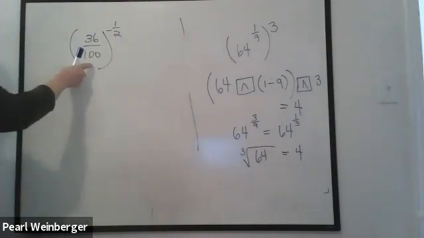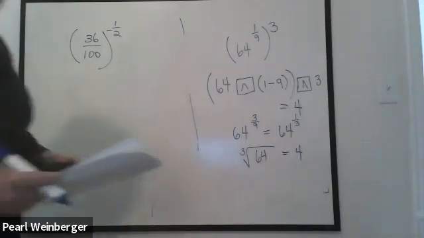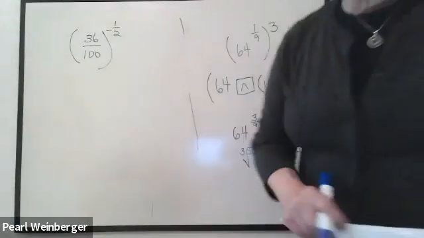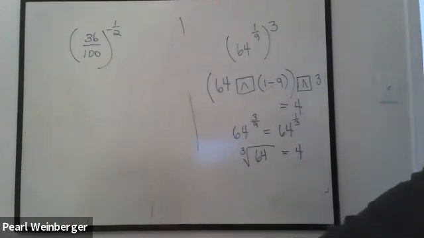See if you could do 36 over 100 to the negative 1/2 power. Simplify it. I'll give you a minute or two to try it. And you can do it either using your calculator or just figuring it out in your head.